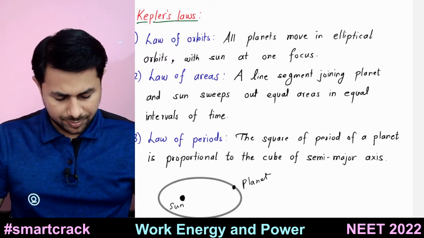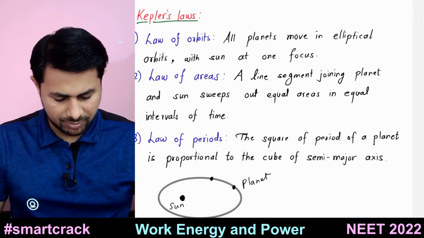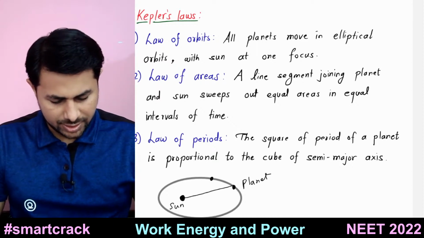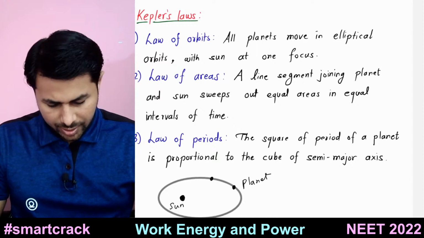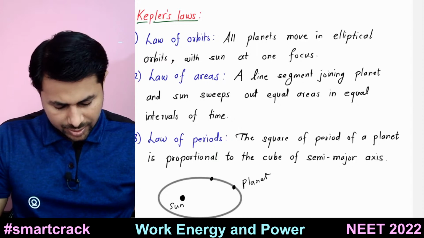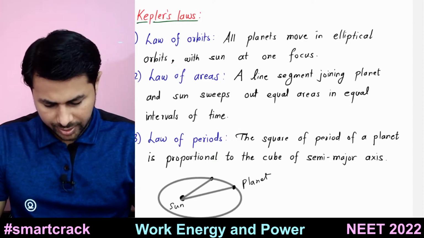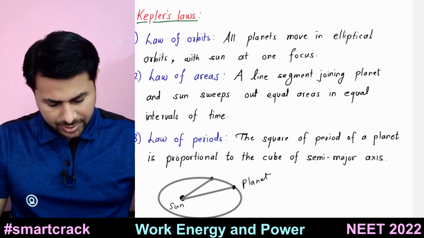So let's suppose this planet goes from this position to this position in some time, let's call it t. Okay, so area swept out will be how much? So this much will be the area. Okay, I will mark it.